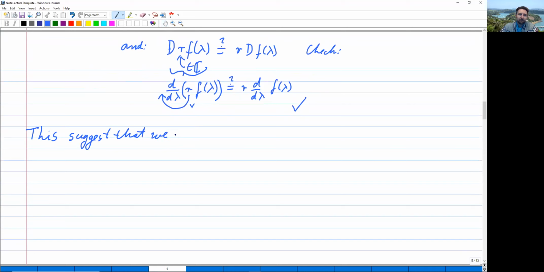This suggests that we can try to solve the conditions, equations of motion, canonical commutation relations, and the hermiticity condition in a completely different way to the matrix business up there.